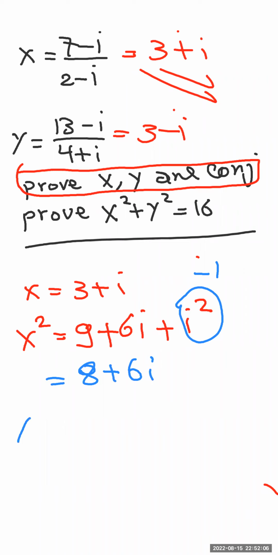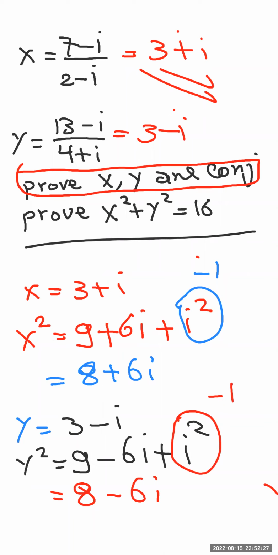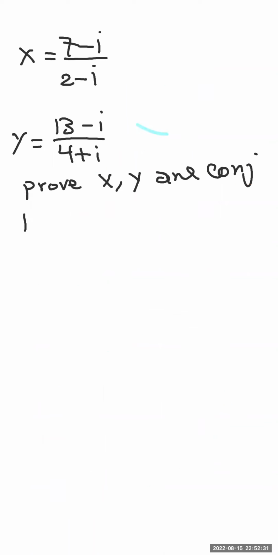Then y equals 3 minus i. So y squared equals first squared, 9, minus first times second times 2, 6i, plus second squared, i squared. I squared means negative 1. 9 minus 1, 8 minus 6i. Now, x squared I'm going to write on the top.